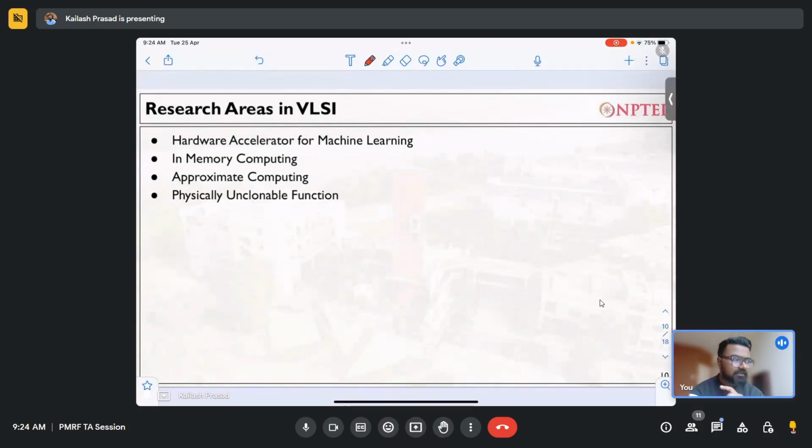There are various things going on in machine learning workloads, and one of the prime examples is ChatGPT. You might be astonished to see the power of ChatGPT, what it can do. It can do pretty much everything. You ask ChatGPT to write Verilog code for a pipeline processor, it will do it for you. You ask it to write a test bench for a pipeline processor, it will do it for you.